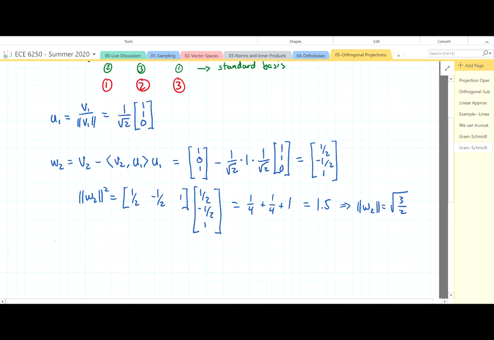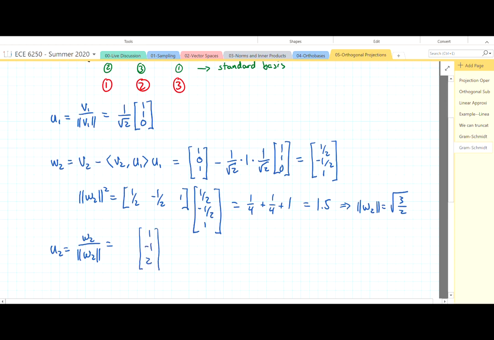So now U2, which is equal to W2 over the norm of W2, will be, we're going to put a factor up front, but let's do this first: 1, minus 1, 2.